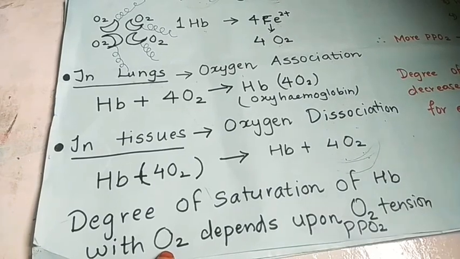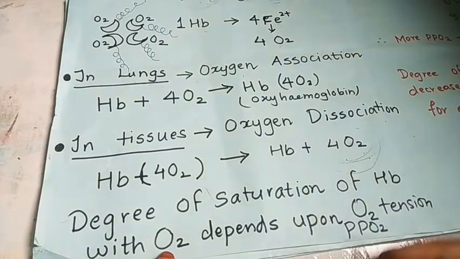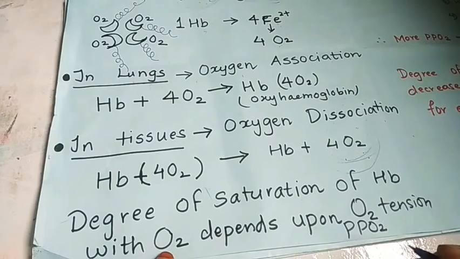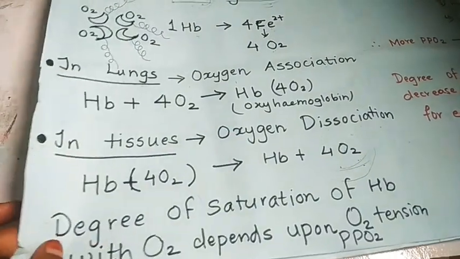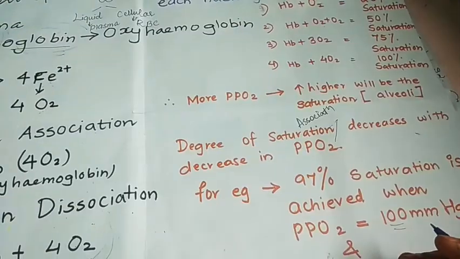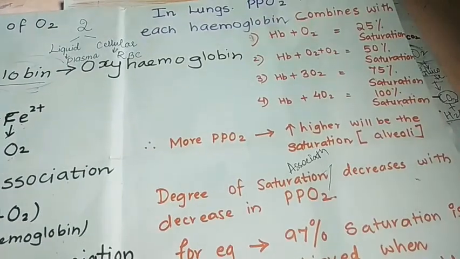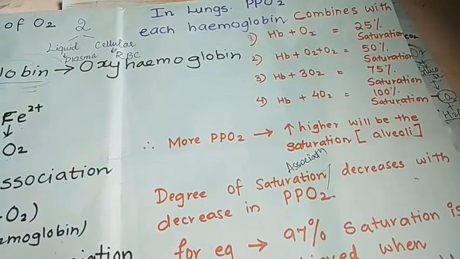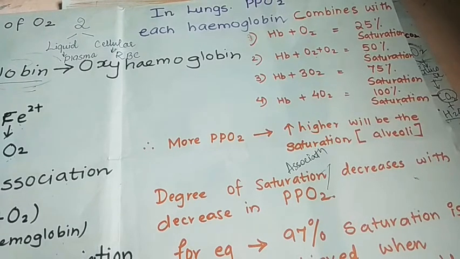When the partial pressure of oxygen is low, there will be less saturation of the hemoglobin. So inside the lung, when we inhale air, that freshly inhaled air is having a higher level of oxygen.